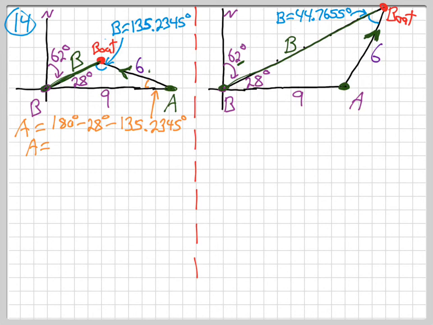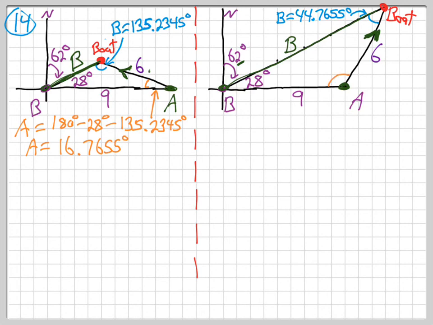If I do that one, I'm getting 16.7655 degrees for angle A there.